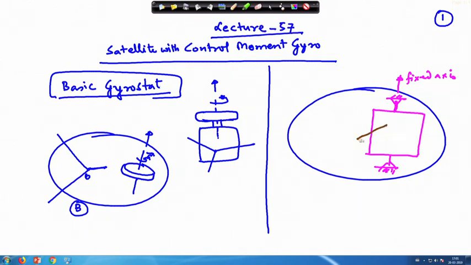Then we have the inner frame, or the inner gimbal, and thereafter a wheel which is rotating here about this axis. The dotted line means it is on the back of this figure.